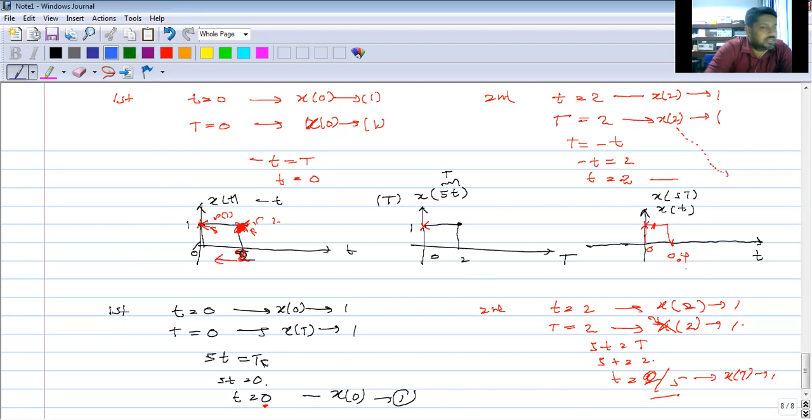At the original time, this is the signal, but if we take 5t, the signal is shrunk this way. The width of the signal is reduced. So that is the compressing.